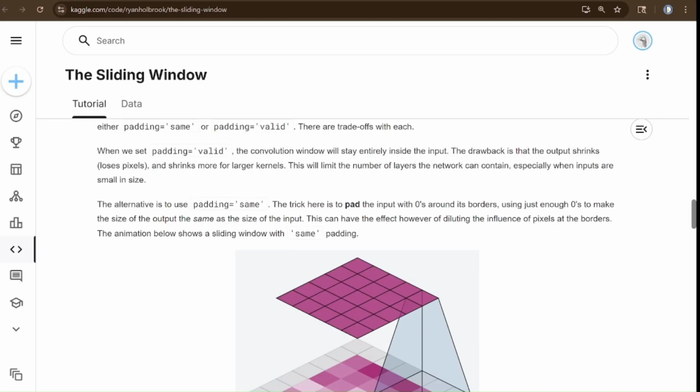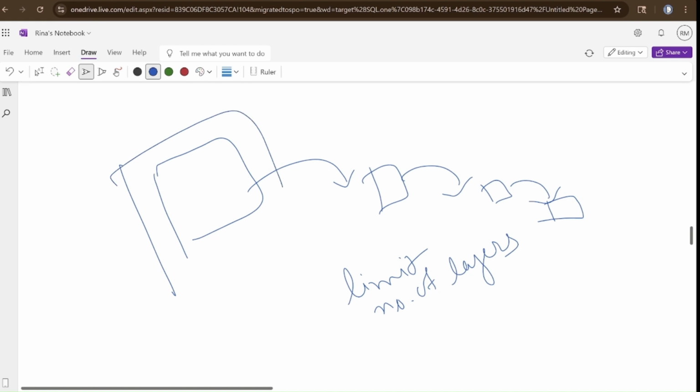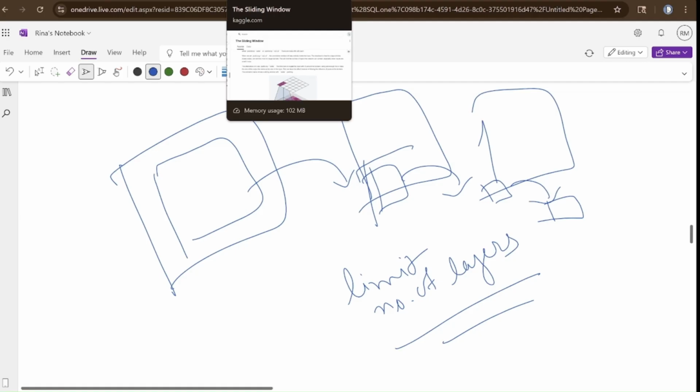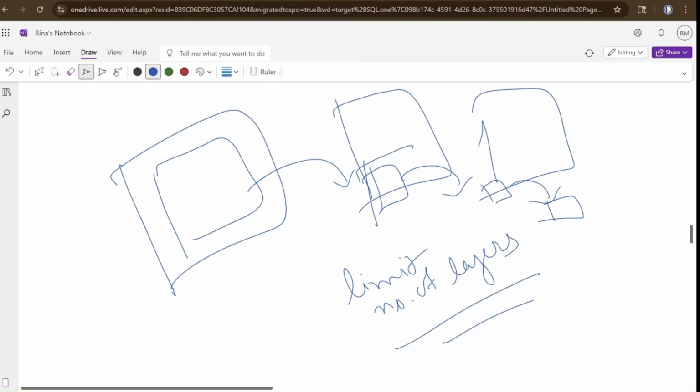So that's a problem. Now, the alternative is use padding equal to same. That means add some zeros and keep the size same. Like keep it like this only. So then you can put as many layers as you want because every time you are doing padding, you are adding some zeros so that the size doesn't get reduced.